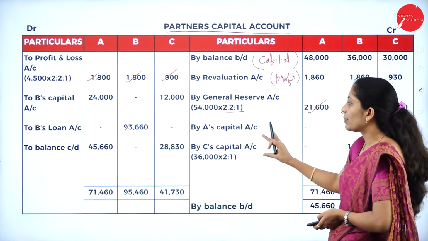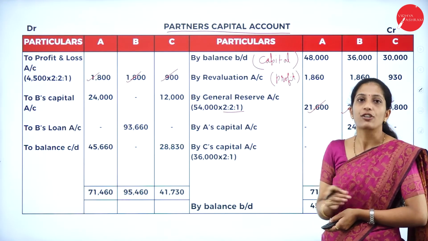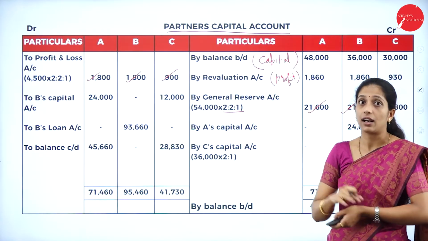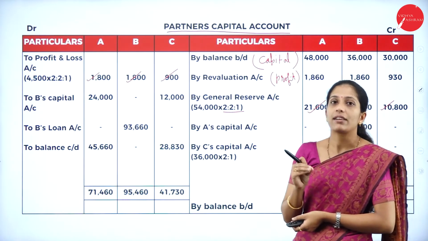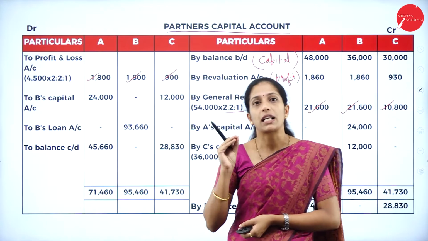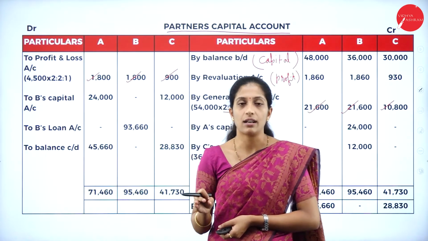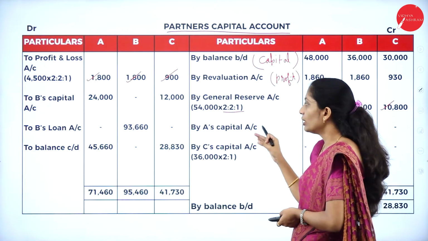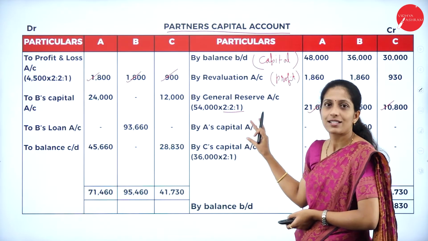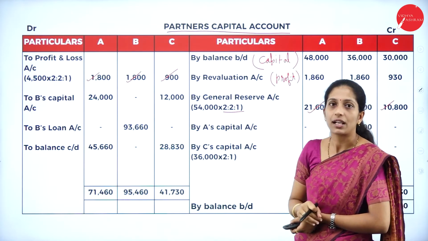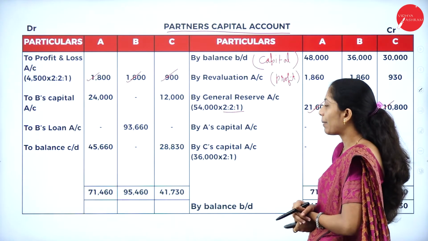So your entry will be remaining partners capital account debit to retiring partner's capital account. Whereas in admission, your entry is new partners capital account debit to old partners capital account. So here you are going to record it as remaining partners capital account debit to retiring partner capital account.